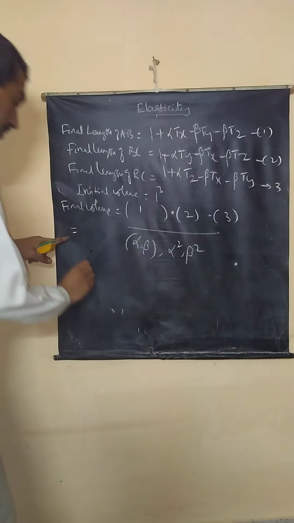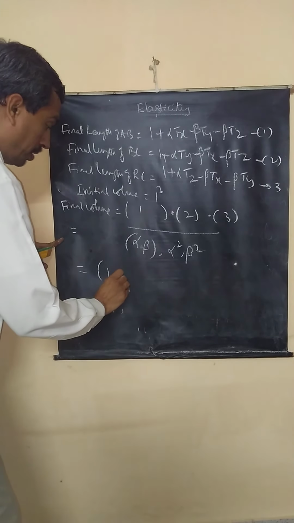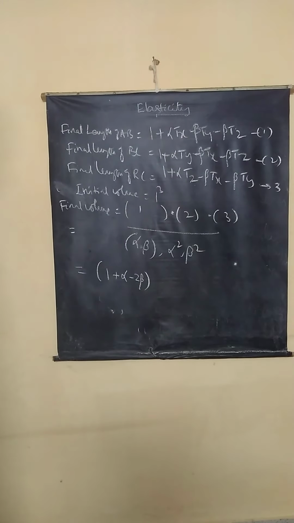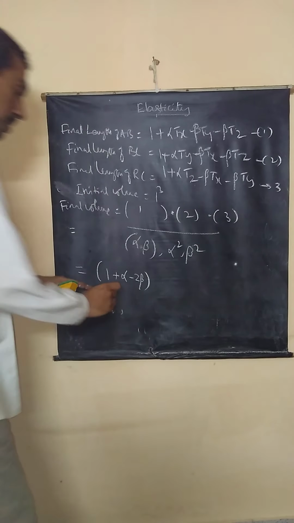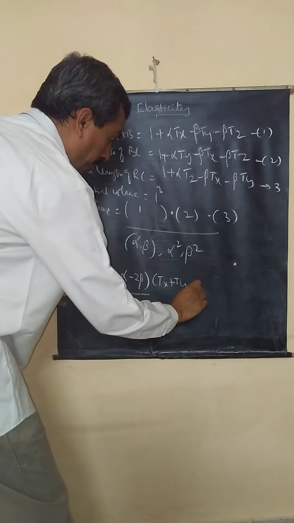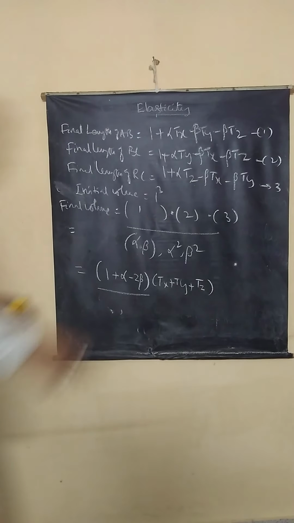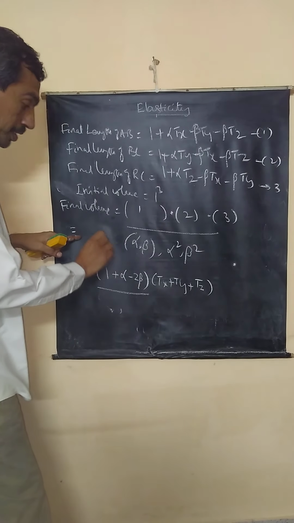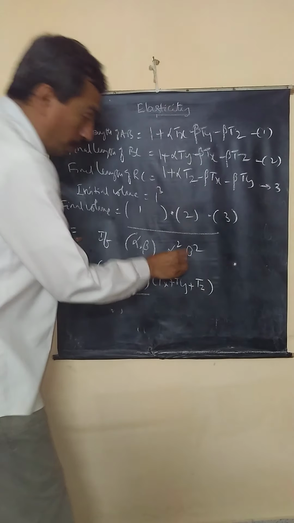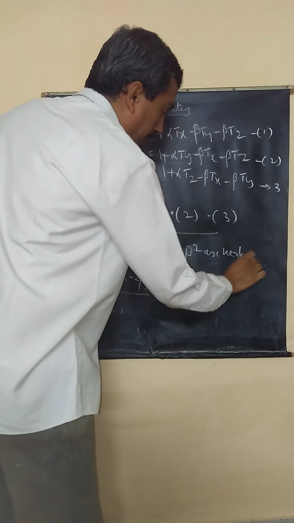Now what do you get finally? The final volume will be equal to 1 plus alpha minus 2 beta, into Tx plus Ty plus Tz. Is it clear? This is what you get if you apply this approximation, if alpha into beta, alpha square and beta square are neglected because they are very small.